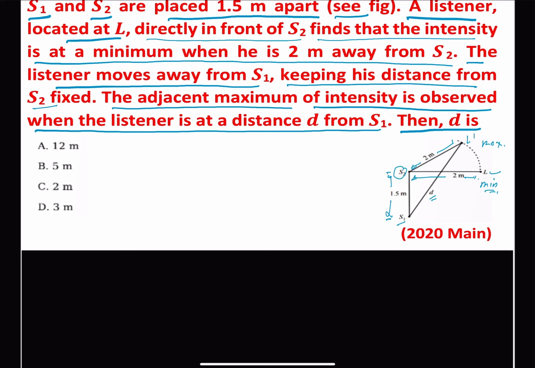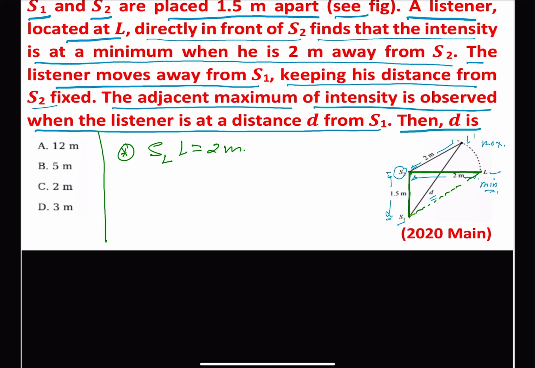So initially we are given that S2L is equal to 2 meters. And let us join this, so we can find out our S1L, because this is a right angle triangle.